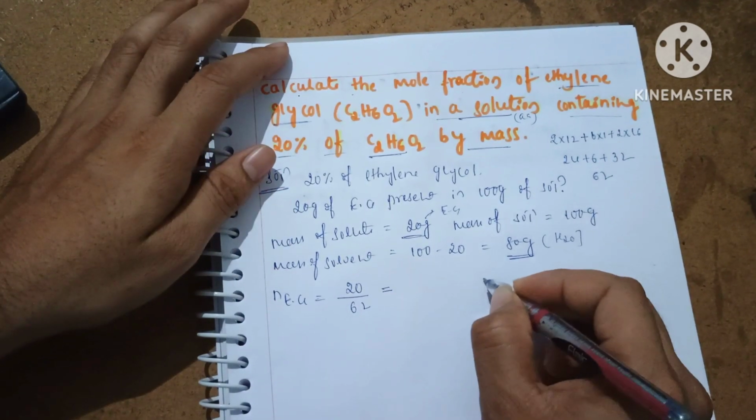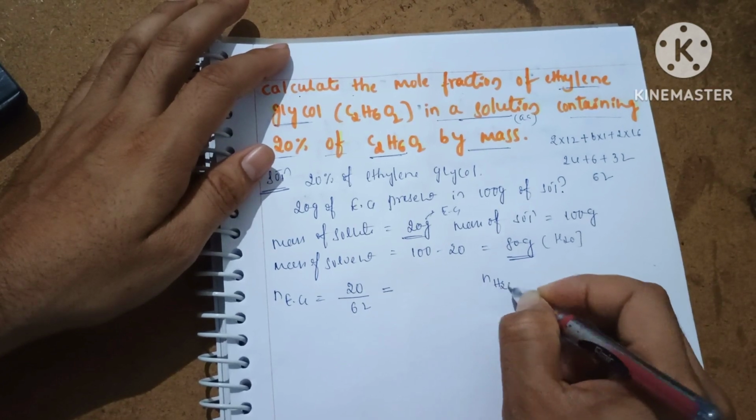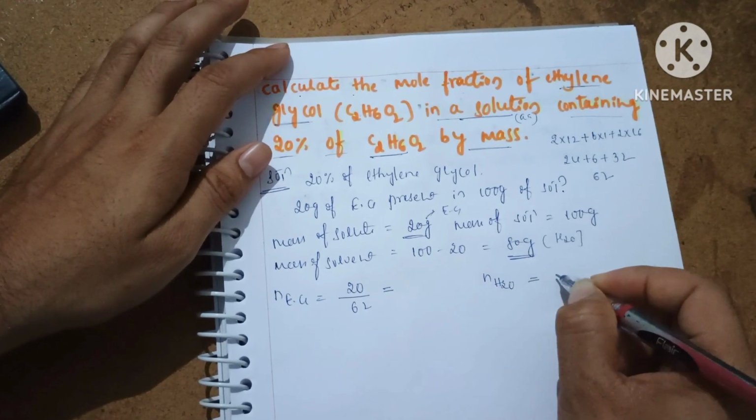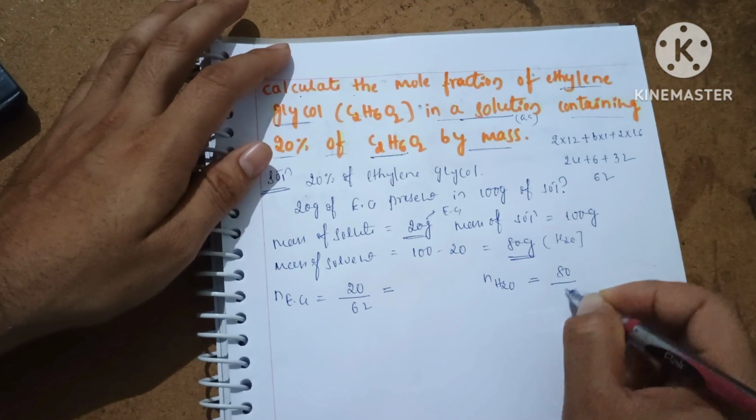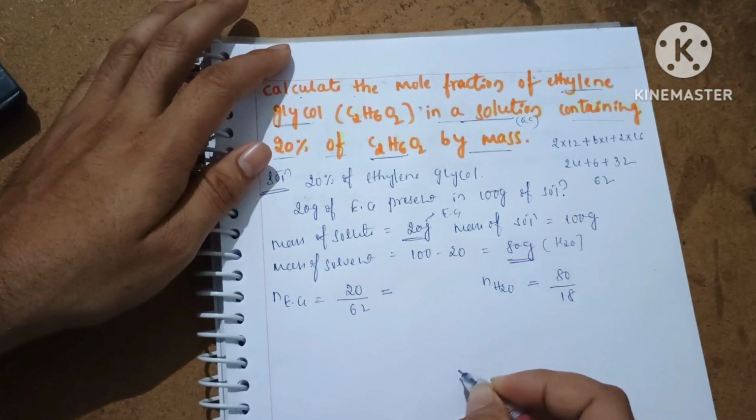And the number of moles of water is equal to given mass of water, 80 gram, divided by molar mass of water, 18 gram.